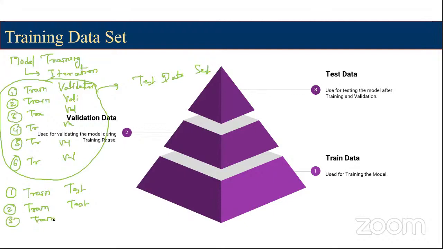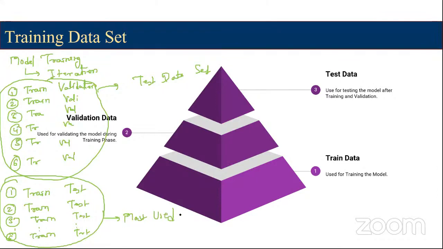Train using train and evaluate using test, and so on. So as you can see, the purpose of validation or test data set is the same. But if you have a sufficient number of data, you can go for three splits. But there is not much advantage when it comes to going for three-way splits. That is the reason this is the most used partitioning mechanism.